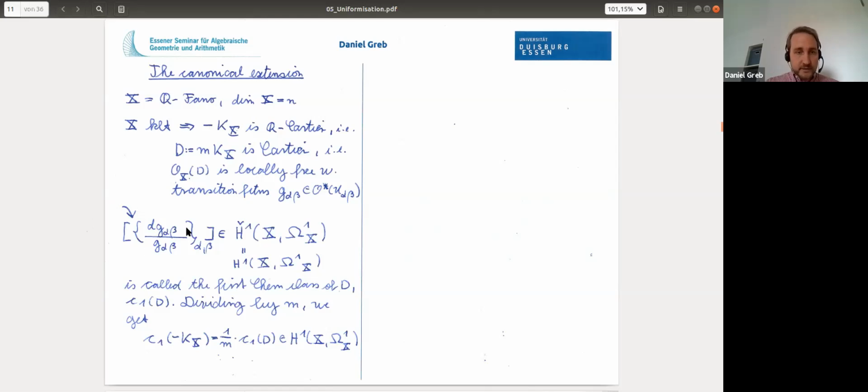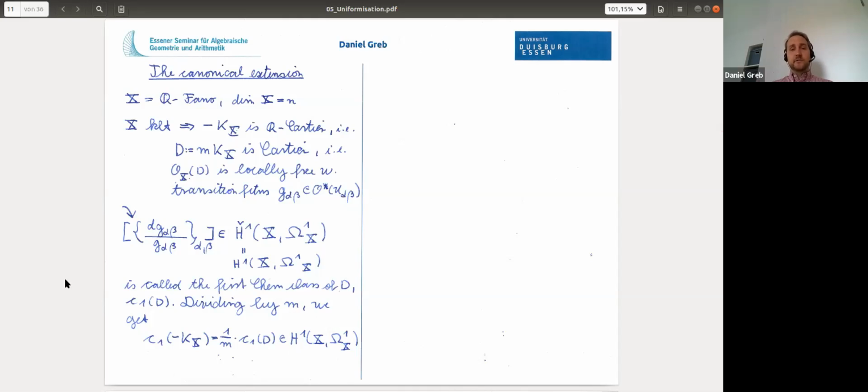This numerator is a holomorphic one-form. So this is a Czech cycle, and then if I take the class, a Czech cohomology class in H1(X, Omega 1 of X). This is called the first Chern class of D, and I had to take this multiple m, so I divide by m, and I get something which I call C1 of minus KX inside H1(X, Omega 1 of X).